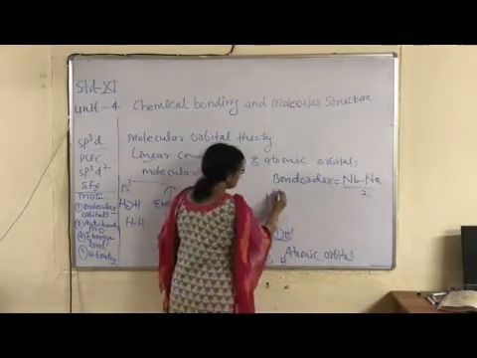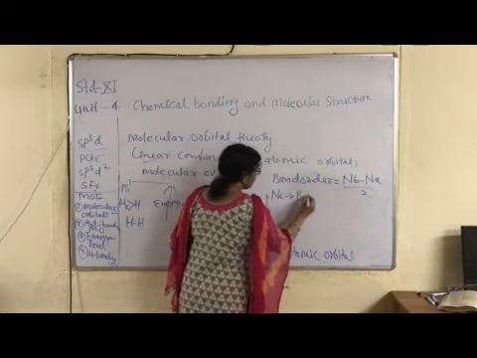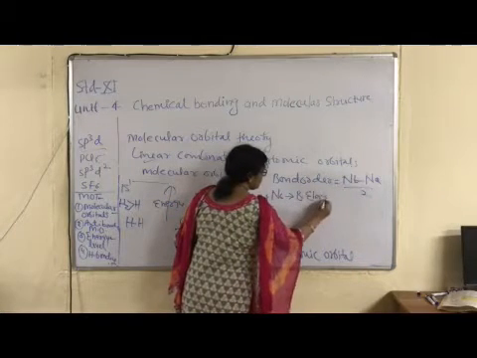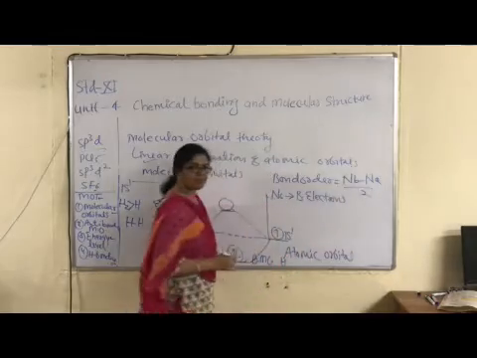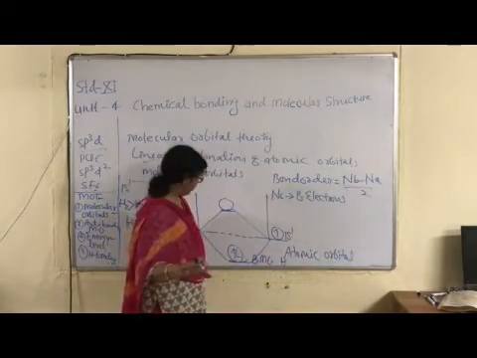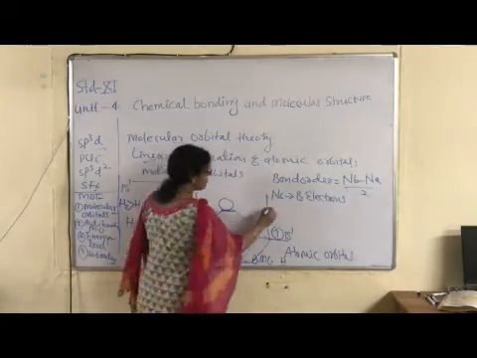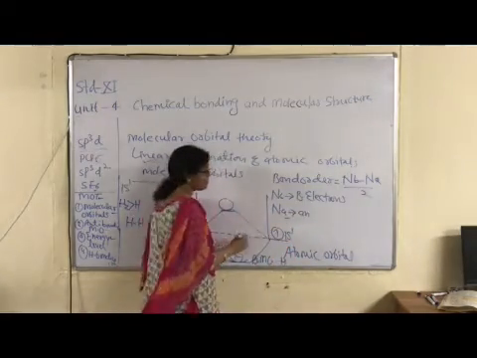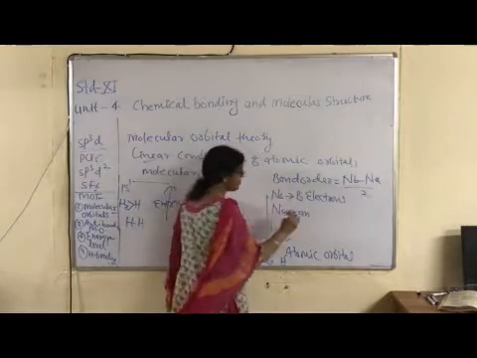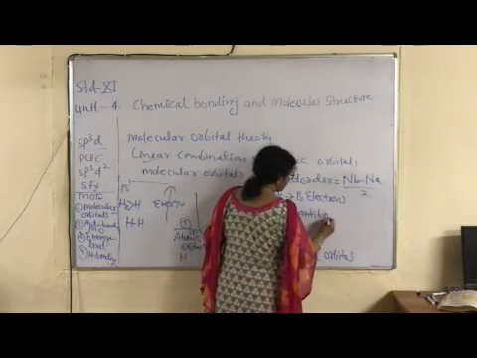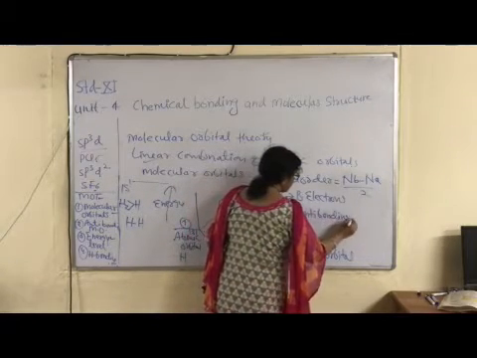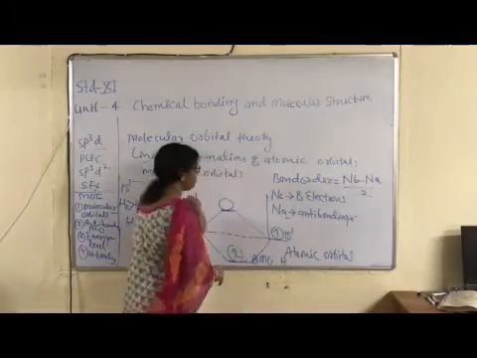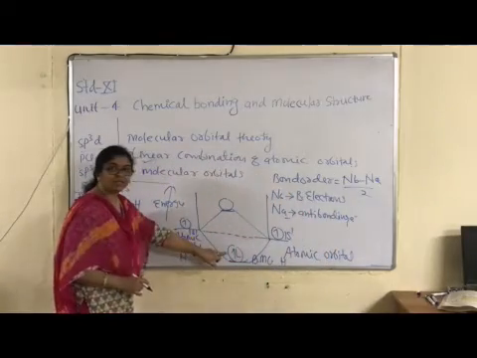Nb means the number of electrons present in bonding molecular orbitals. Na, where A denotes antibonding, N is for number, right? Antibonding electrons. Now calculate how many electrons are present.